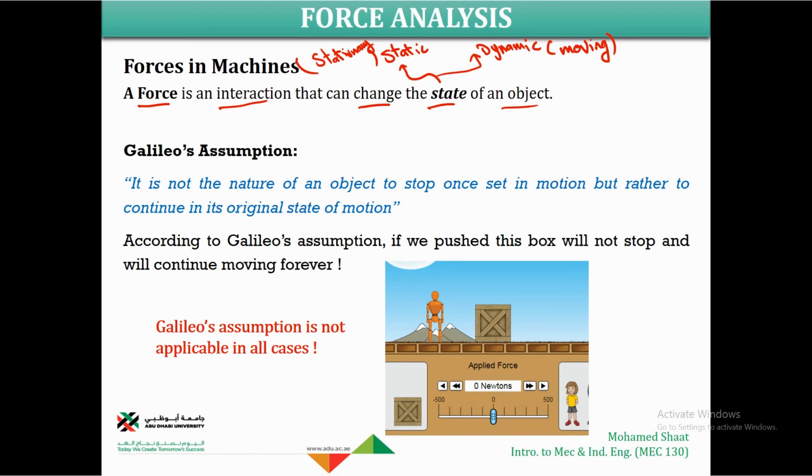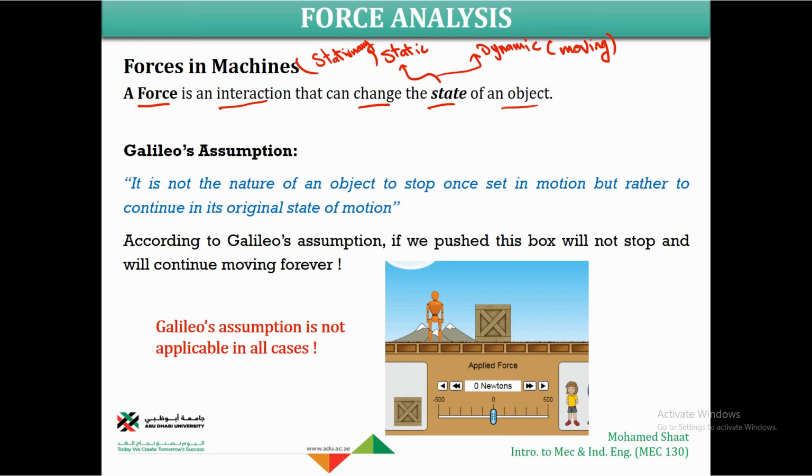Or in other words, if you have a box that is stationary in place, not moving, and I ask you to move it, what are you going to do? The first thing is that you're going to push this box, right? The pushing that you give to the box is a force. Why do you push the box to move it? Because I need to change the state of this box. To change the state, you require a force.